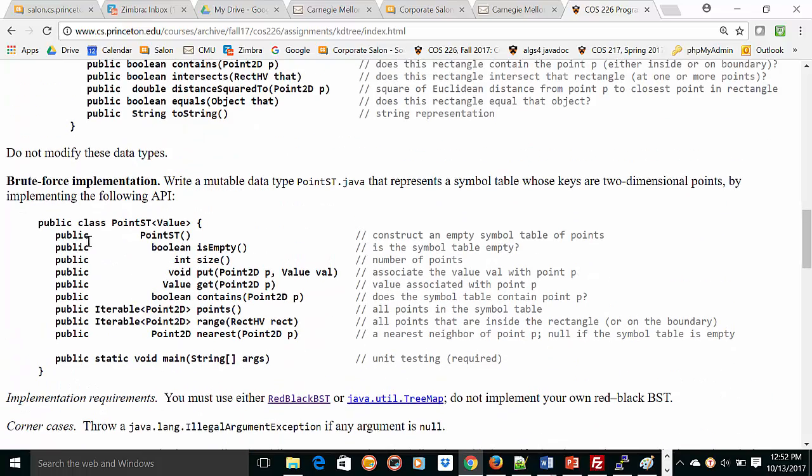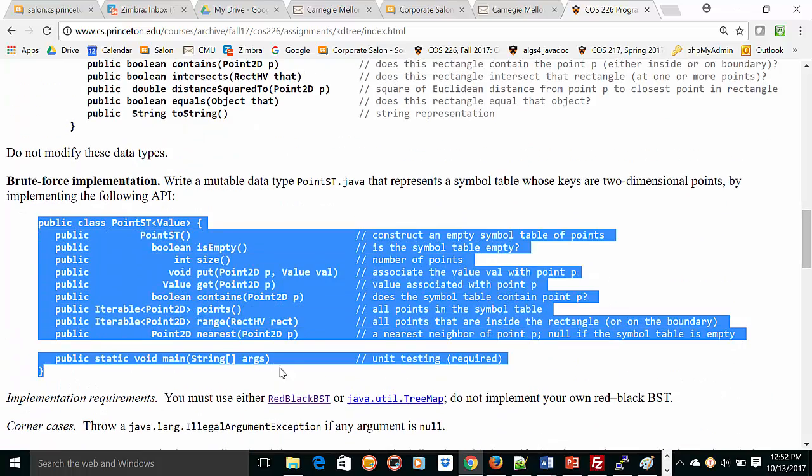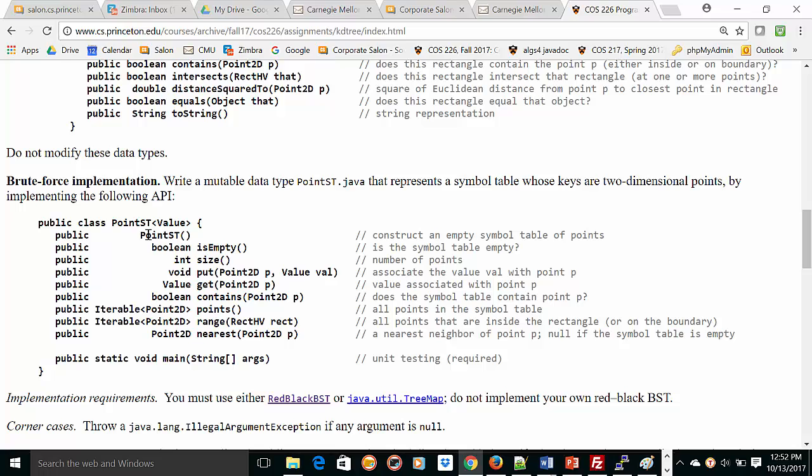Your first assignment is to implement point_st, where the value type is not known. It's a generic type, but the key is a point here. So you're putting a point and a value into this symbol table. The container for that symbol table is a red black BST. We have to implement the method put and the method get.